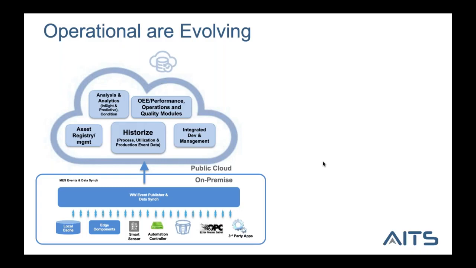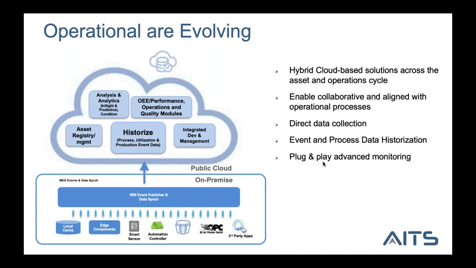There are many modules that can be added to the AVEVA Insight, speaking of asset performance management, asset management, condition management, even developing your application on the cloud. These are modules available within the AVEVA Insight that can be added to the main solution, which of course will enable your architecture to be hybrid.